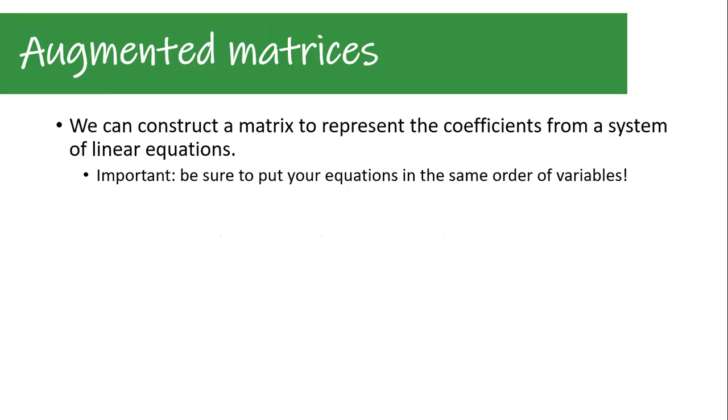So if your first equation is x plus y plus z equals something, make sure that all of your other ones are in terms of x first, then y, then z. Also, if one of your equations doesn't have a y or doesn't have an x or whatever, you want to make sure that you're using 0 for that coefficient. Remember that just because x isn't there doesn't mean it's not represented at all. It just means that it's 0x.